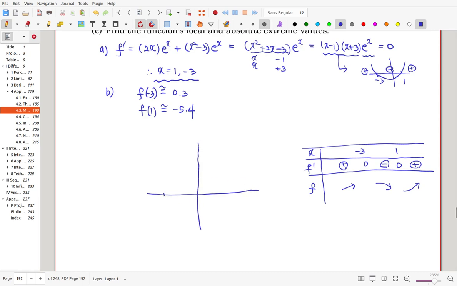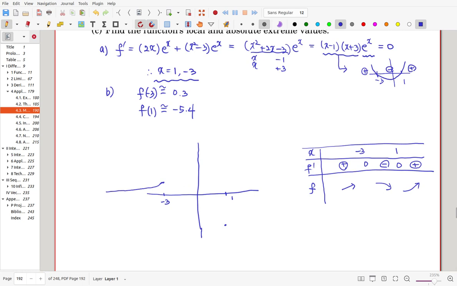Okay, that is minus 3, that is 1, and at minus 3 the value is about 0.3, and at 1 the value is minus 5.4. And once x is approaching minus infinity, that side is decreasing so that it is becoming 0.